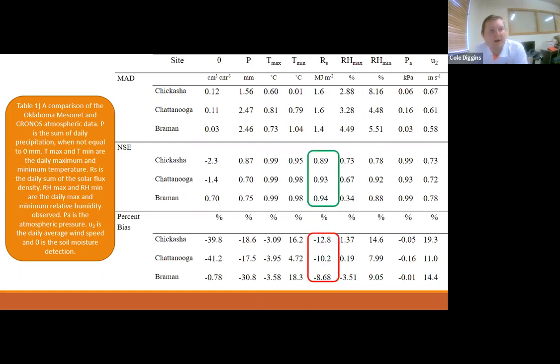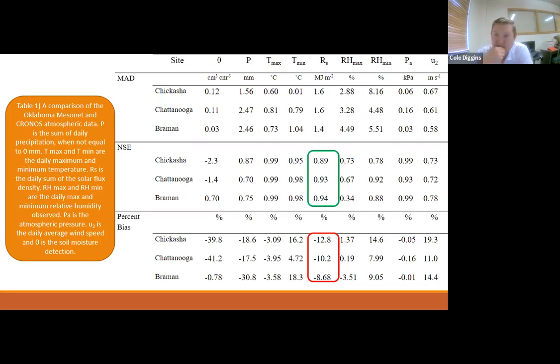Now, our solar flux density, our solar radiation, we had good correlation, but we were underestimating it. And this last week, actually, I talked with some of the folks from Meter Group, and we came to a realization, at least I didn't realize, that there is a correction factor of about 5% that needs to be applied when using the bird spikes on those particular systems.